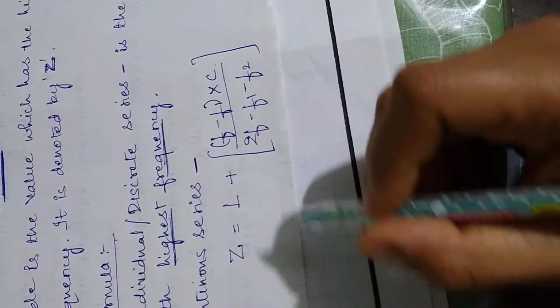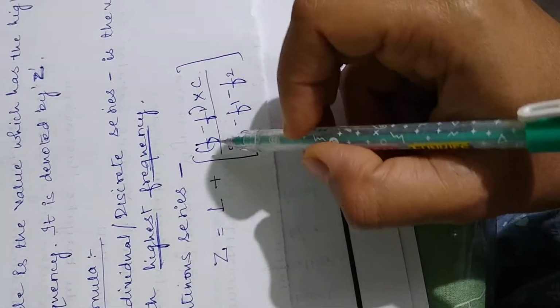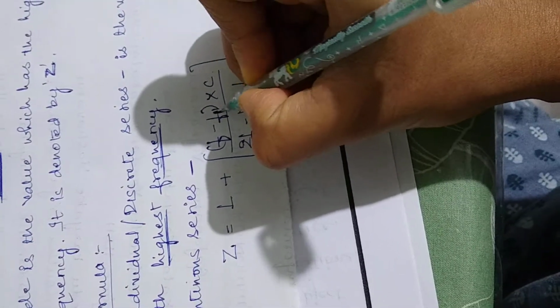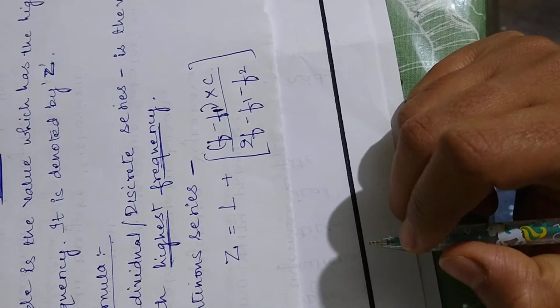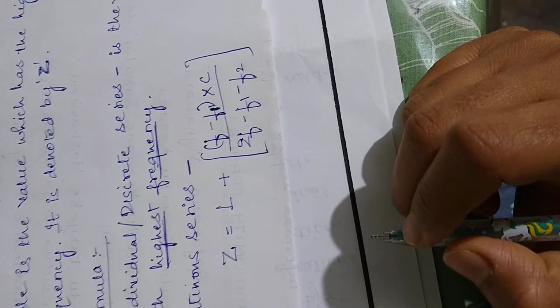I will repeat, Z is equal to L plus (F minus F1) into C divided by 2F minus F1 minus F2.